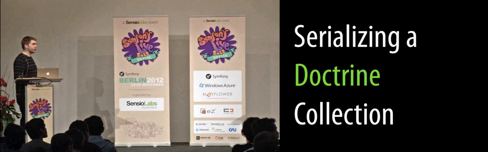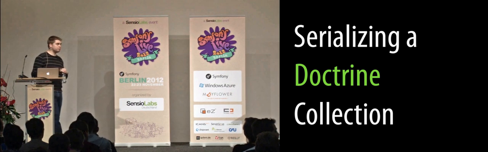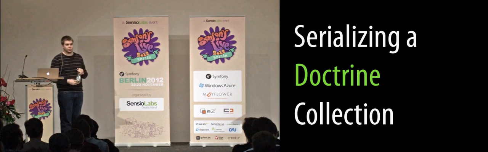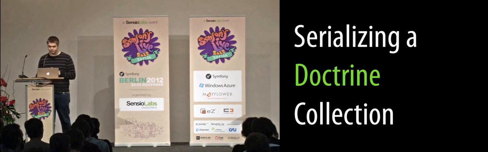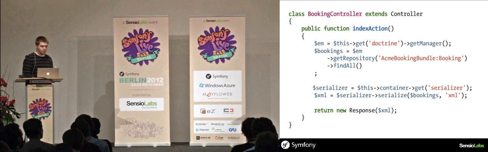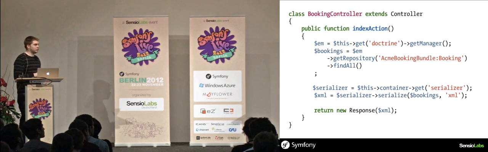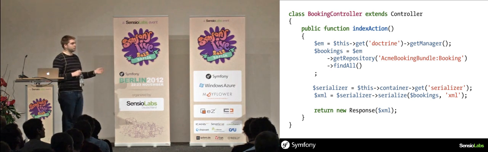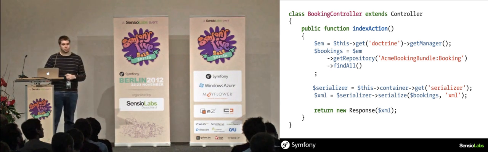And it also works with collections. I talked about only serializing objects, but you can serialize a collection or an array of objects. So it works with Doctrine, but also with your PHP objects. So let's say I want to get my bookings from my Doctrine database, and then I want to serialize this collection of bookings.